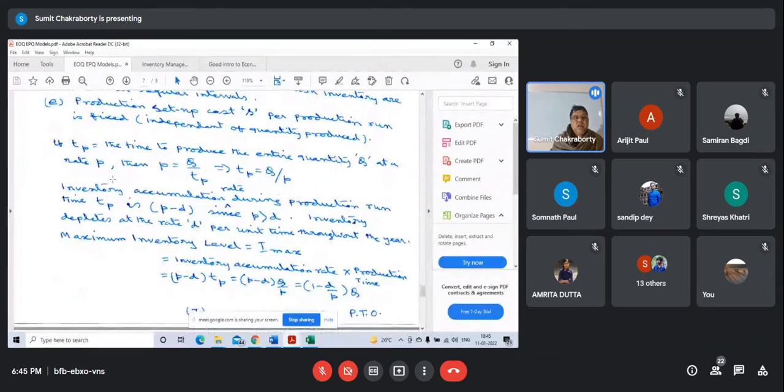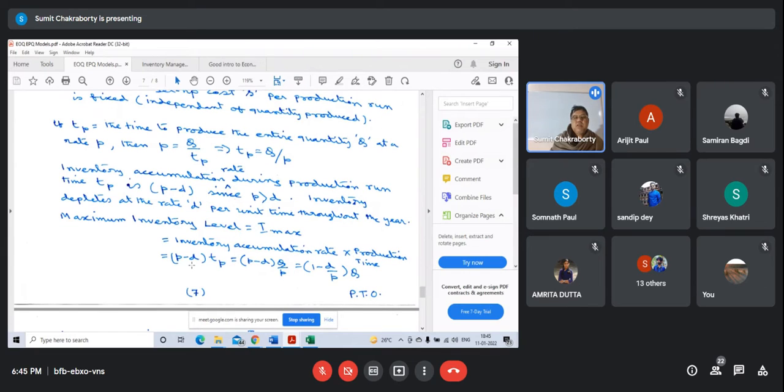So now TP, the time to produce the entire quantity Q at a rate P, then P equal to Q by TP. So TP equal to Q by P. So inventory accumulation rate during the production run TP is P minus D, since P is greater than D. Inventory depletes at the rate of D per unit time throughout the year. Maximum inventory level Imax equal to inventory accumulation rate multiplied by production time.